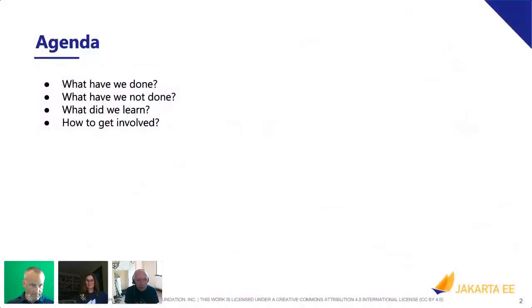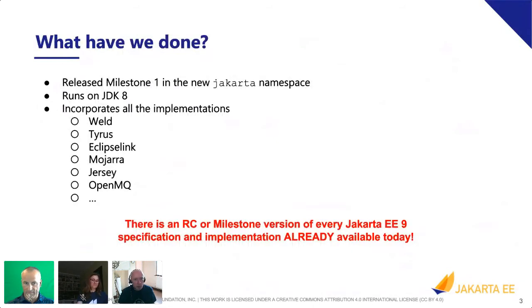So what we're going to talk about, essentially, is a quick summary of what have we done, what have we not done, and what did we learn on the way, and then again how you can get involved on the Eclipse GlassFish side. So what we're doing today is we've released milestone 1 of Eclipse GlassFish 6.